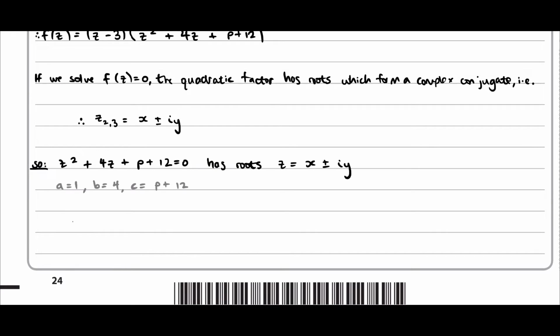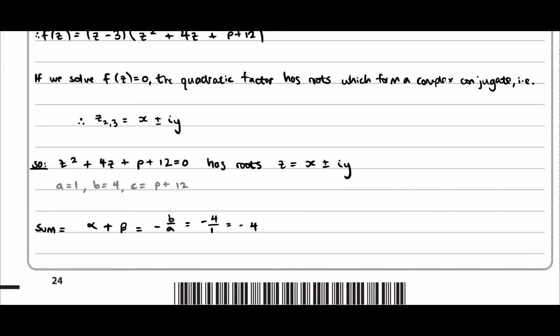The sum of the roots, that will equal alpha plus beta, and this is equal to minus B over A. So we have minus 4 over A, which is 1. So that's minus 4.